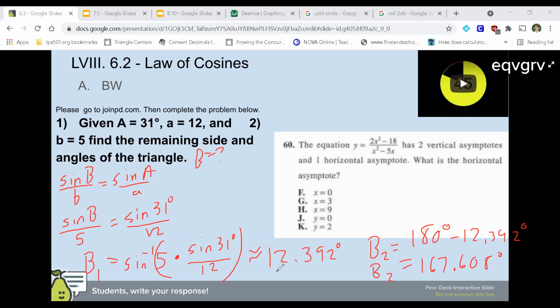Got some yeses, got some nos. Compare that with angle A is the key test. A plus B has to be less than 180 in order for it to work, because the three angles have to add up to 180. So if two are past 180, there's nothing left for C to be, right? And if you add 31 to this, you'll see you get like 198.